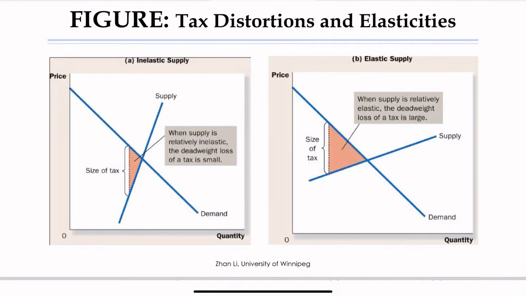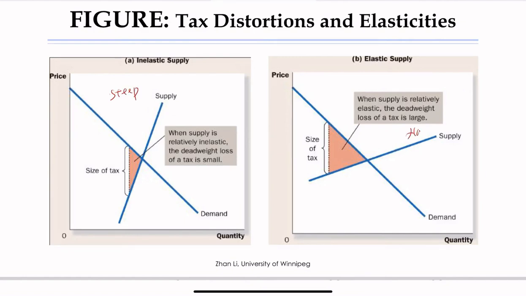So first, let's compare graph A and graph B. Under these two graphs, you can see that you have the same demand. The demand curves in these two graphs are the same. The only difference is the supply curve. In graph A, the supply curve is quite vertical, so we have a steep supply curve.